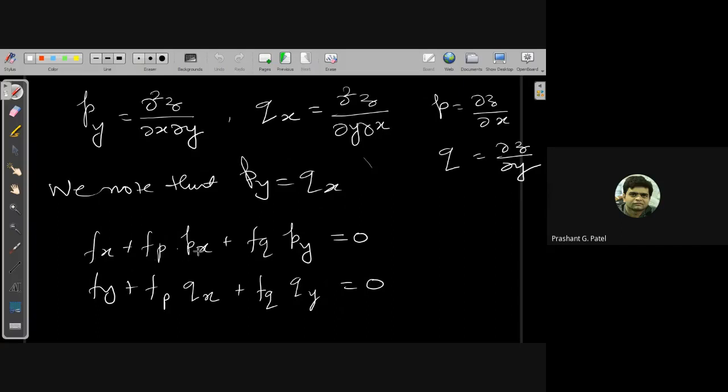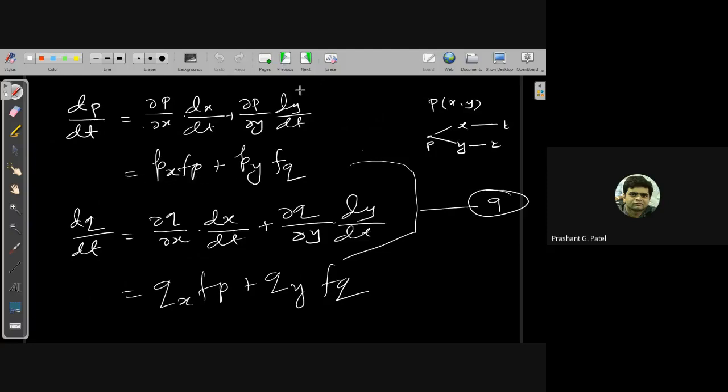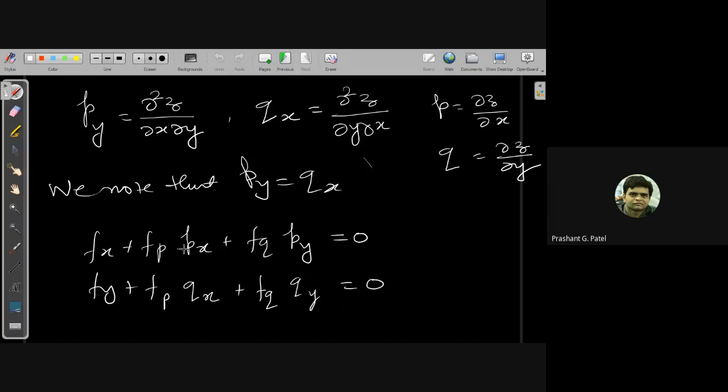So it is px fp py fq. So that will give me px fp plus py fq is equal to minus fx, and this will give me, just see the equation number 9, qx fp plus qy fq is equal to minus fy.